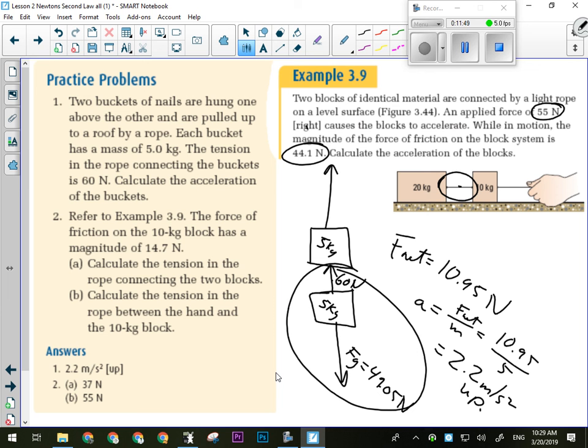I'm going to give you guys a few minutes on that. There's actually 2 ways to do it, and they both arrive at the same answer. We'll see how many people do each one. Remember, we already figured out the acceleration of this whole system. I'm just going to delete what I have here.